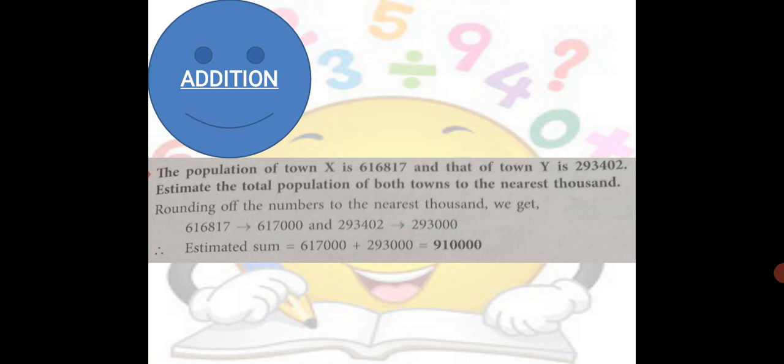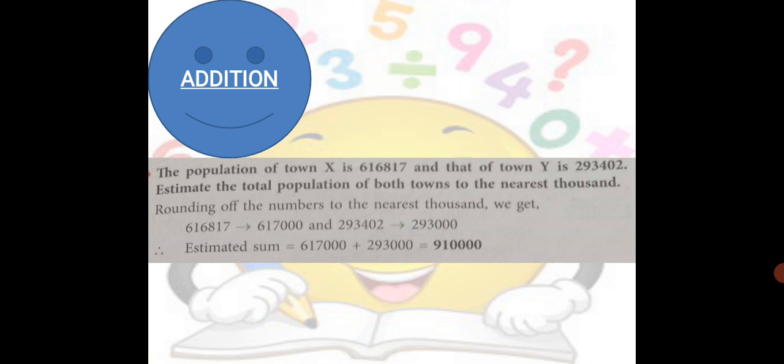and another number 2,93,402. If we consider the place value of 1000, it is 3. That means less than 5. So we will round it off to the nearest 1000, and now my number will become 2,93,000 only, because here 3 is less than 5, so it will stay the same.